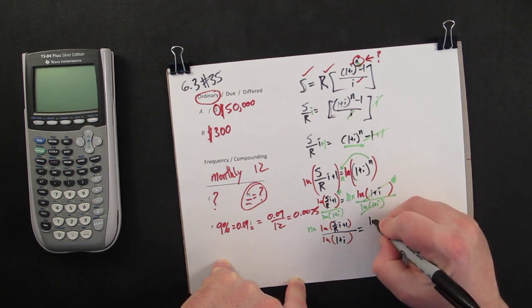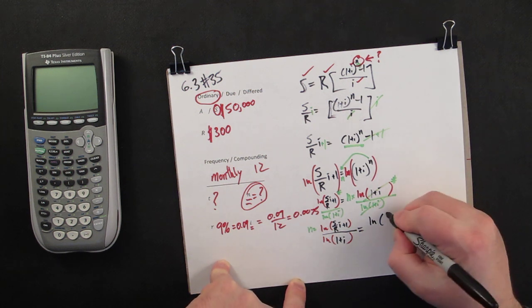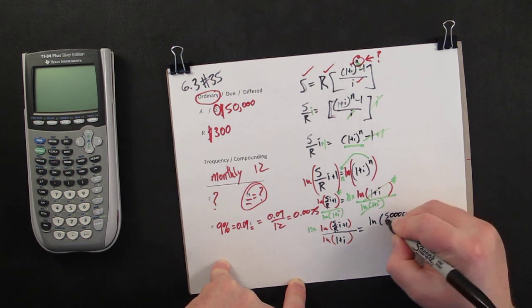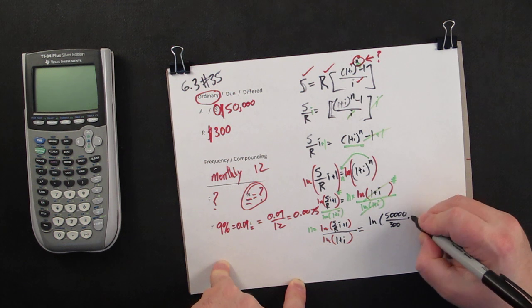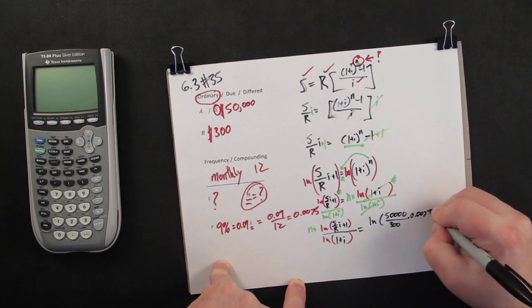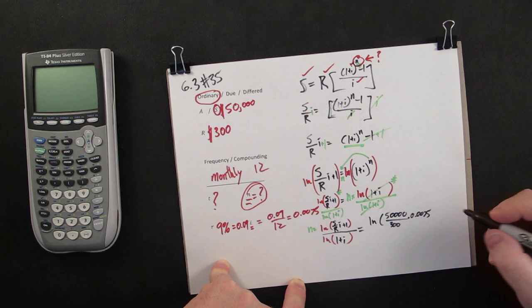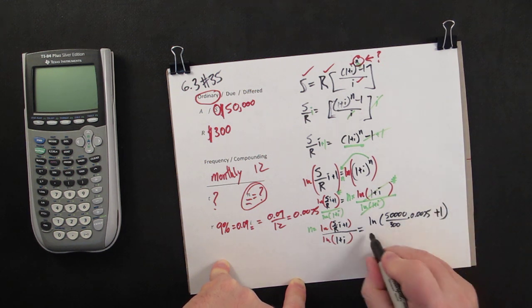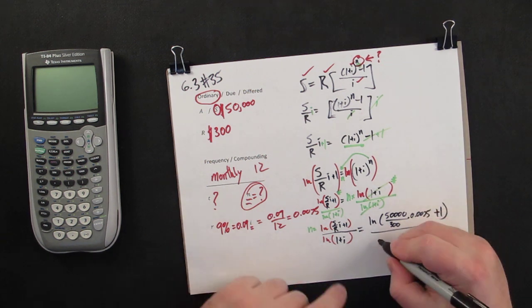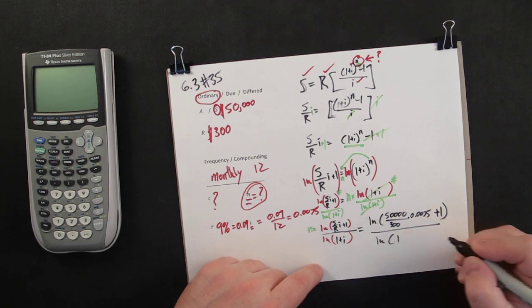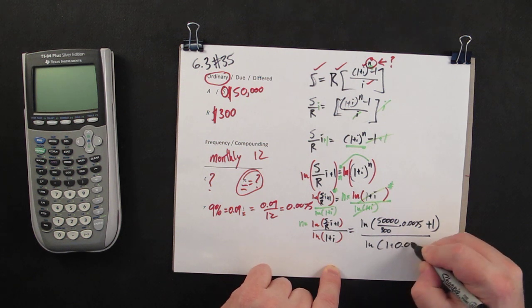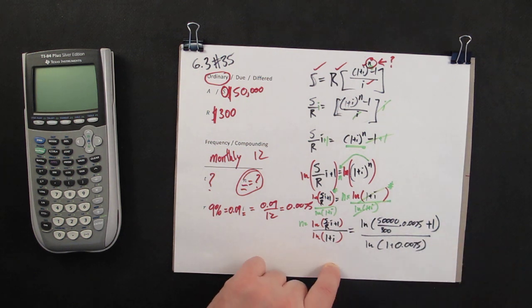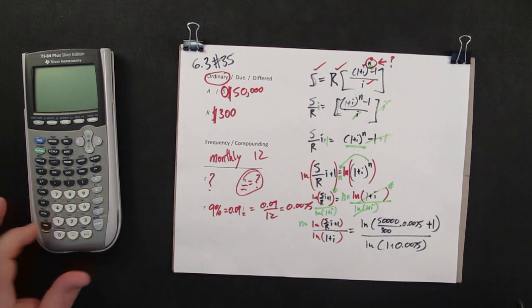So that will be 50,000 over 300 times the interest rate, which is 0.0075. Again, you need the monthly interest rate, the period interest rate, plus 1, over natural log of 1 plus the interest rate. Okay, so at this stage, compute them.